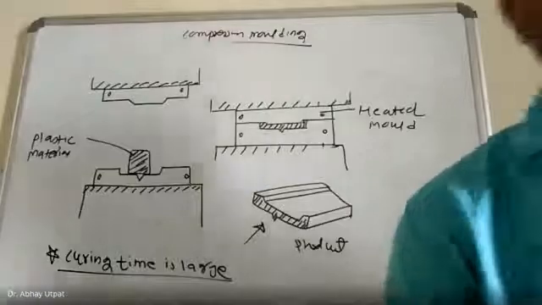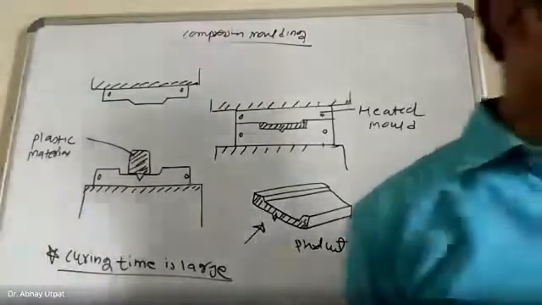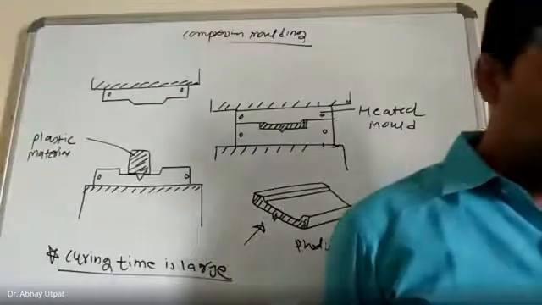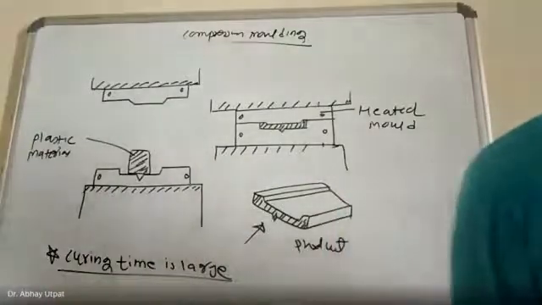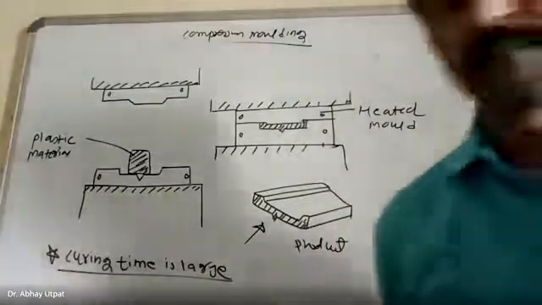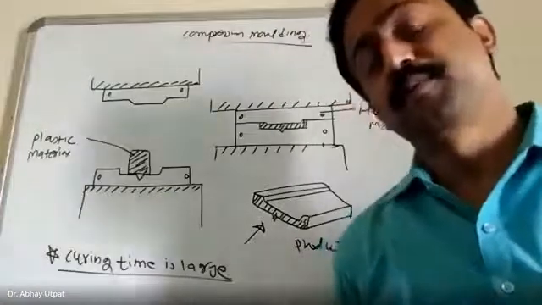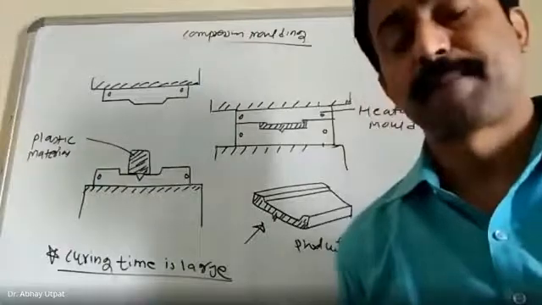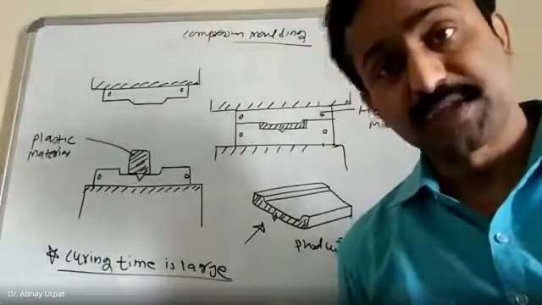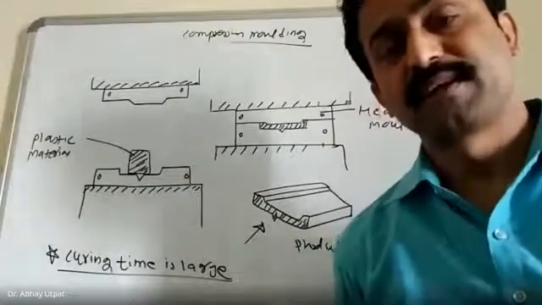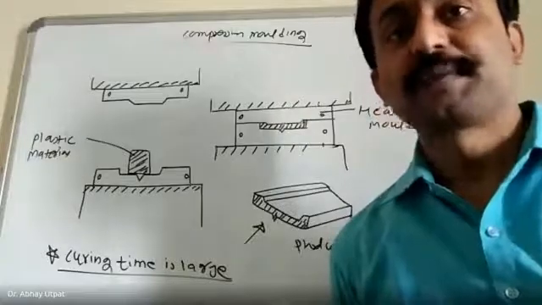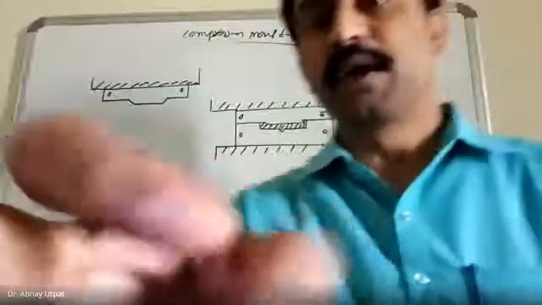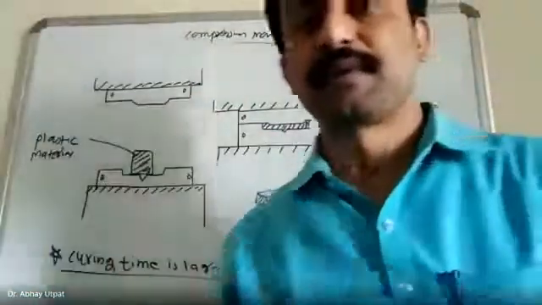Uneven parting line may be present. And what you can make more important, the third disadvantage: as this is thermoset, try to understand, scrap cannot be reprocessed. Make a star and write. I hope you understand the meaning of this third statement.